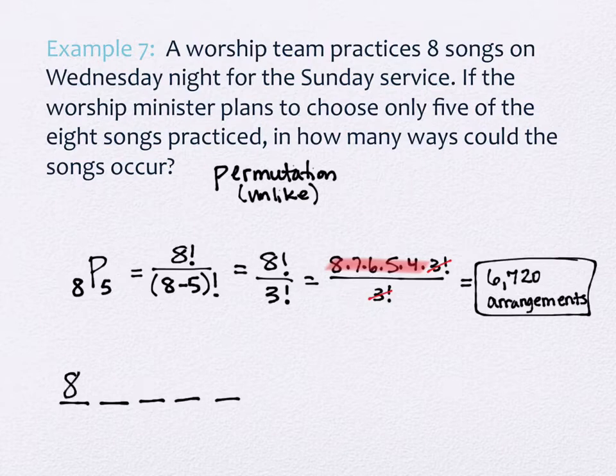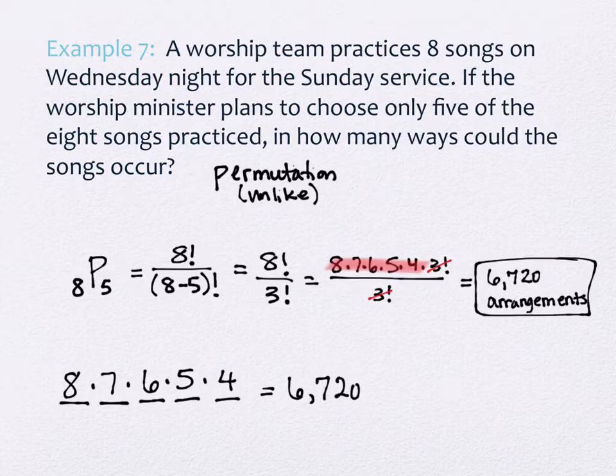So I choose from among 8 songs the first time, but then my second song choice means I choose from among 7, and the next one from among 6, then 5, and then 4. And you'll notice that those numbers are exactly the same numbers that showed up in the numerator after we reduced it with the 3 factorial in the denominator. There's not a right or a wrong. They're both correct ways of thinking about it completely.